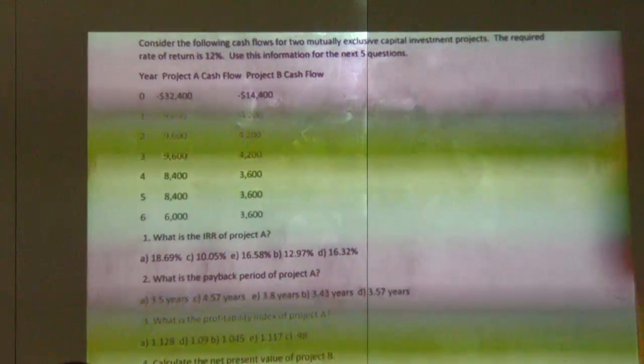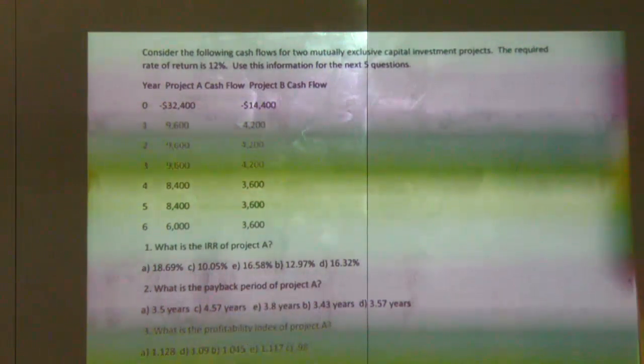We have different projects, and we want to find different things with them. So here it says mutually exclusive. What that basically means is you've got to choose one or the other.